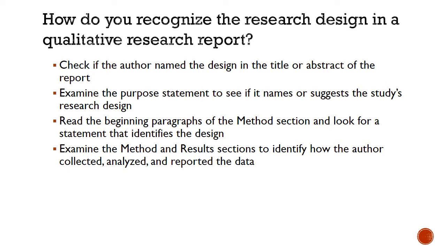Obviously, it's easiest for you if the author does name the design in the title or the abstract of the report. But otherwise, you're going to have to look through the purpose statement, the methods section, and the results or findings to pick out those signposts we just discussed and determine for yourself what design they were trying to use.